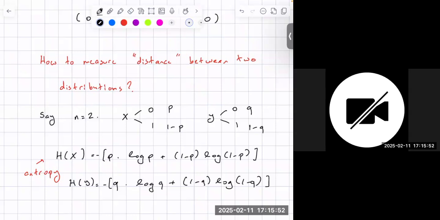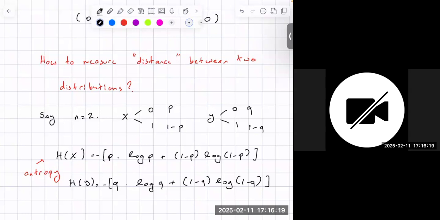It's like a bit, say. And the entropy attached to this random variable is you take that probability and multiply it with its logarithm, and you take this probability and multiply it with its logarithm. And then to make things nice, you put a minus in front. That's called the entropy of the random variable.